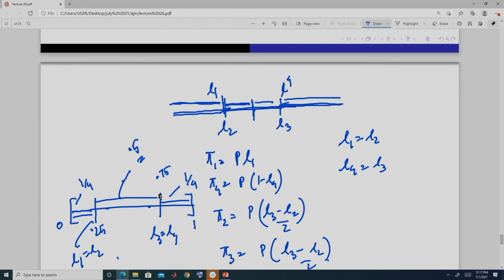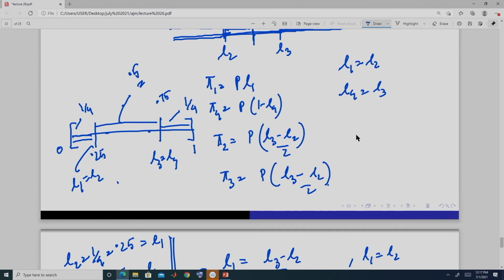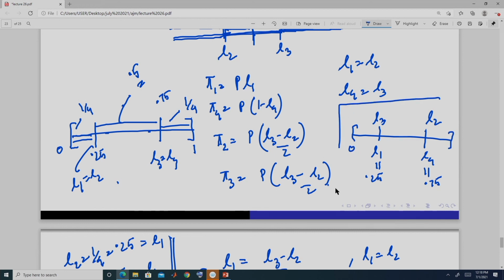Okay? Or another combination can be this, that is L1, L3 equal to 0.25, and L2, L4 equal to 0.75. This can be another pure strategy Nash equilibrium. So, this is again a Nash equilibrium.